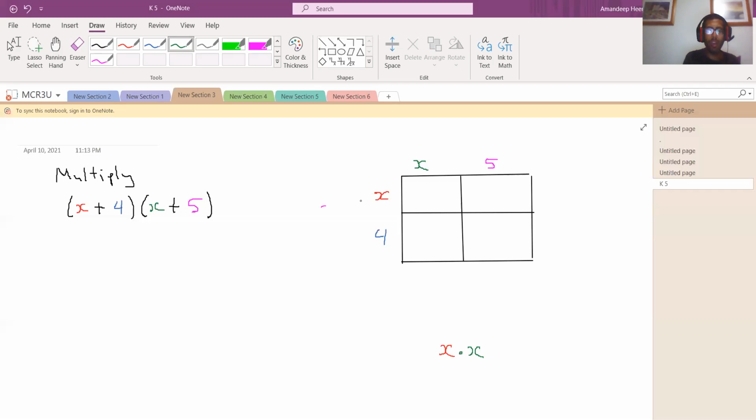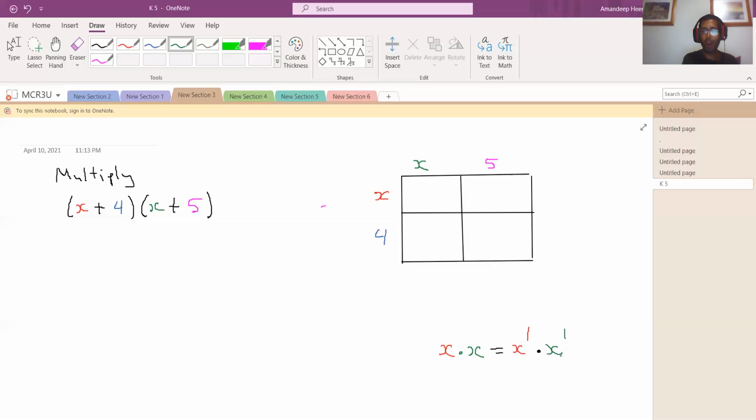Well, the way you could think of this is, you could think of this red x as x to the power 1, and you can think of this green x as x to the power 1.